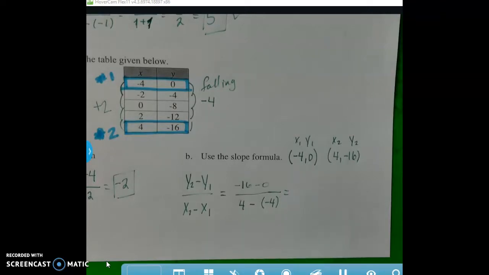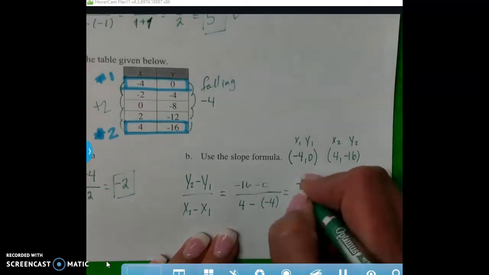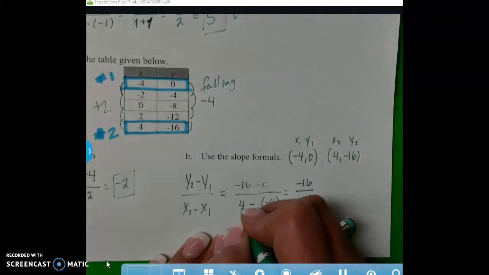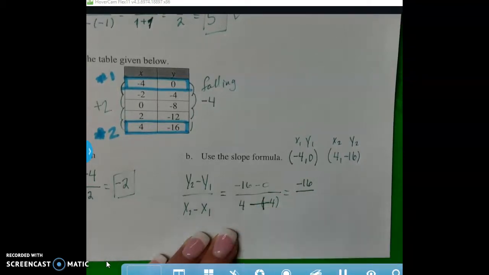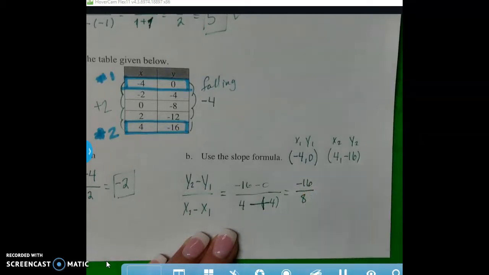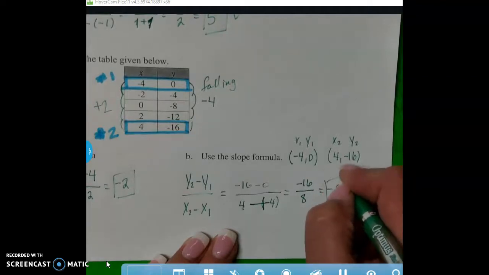Lay it out, label, put them in the formula. Negative 16 minus 0 will give you negative 16. 4 minus a negative 4 will give you 4 plus 4. It's the double negative that turns to a plus. That gives us an 8. Negative 16 divided by 8 reduces to negative 2.